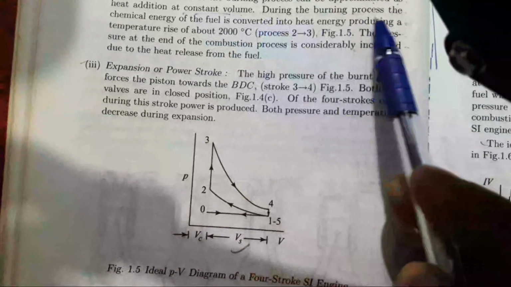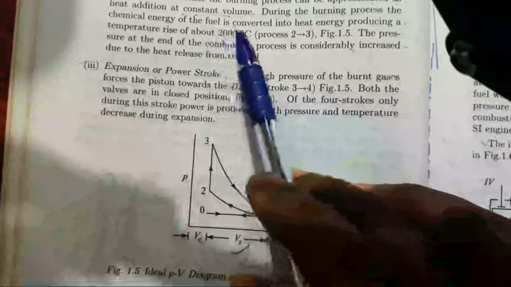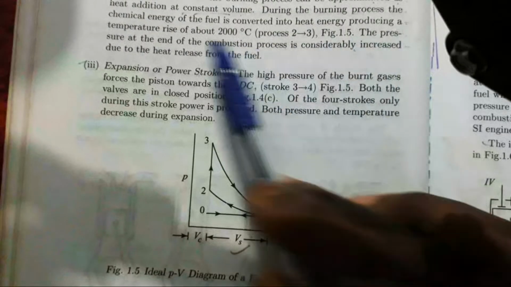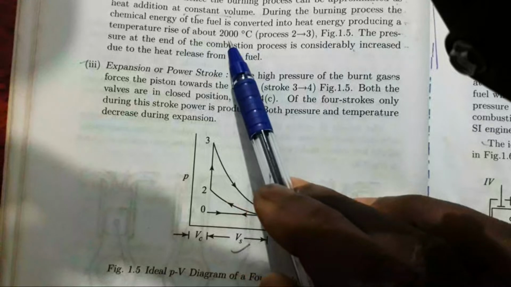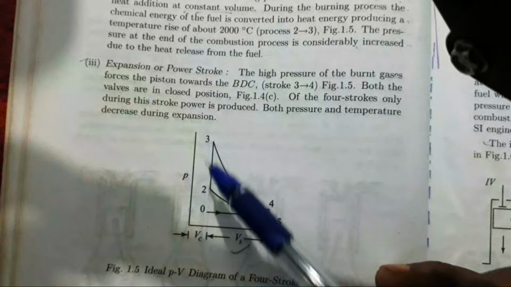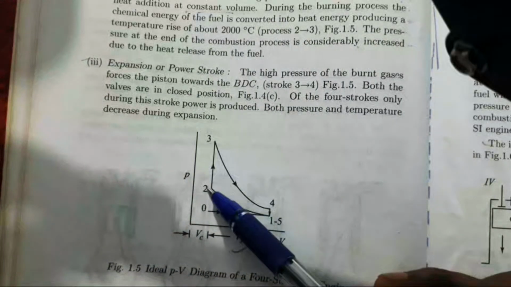During the burning process, the chemical energy of the fuel is converted into heat energy, producing a temperature rise of about 2000 degrees Celsius at constant volume.